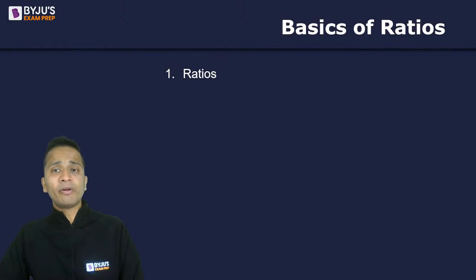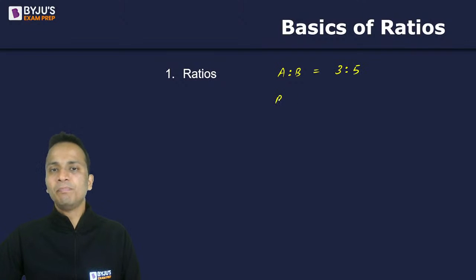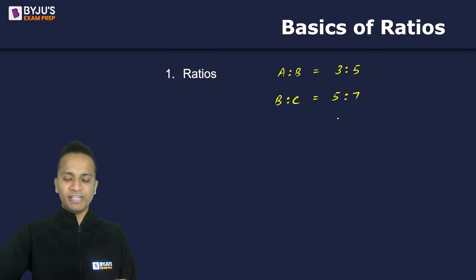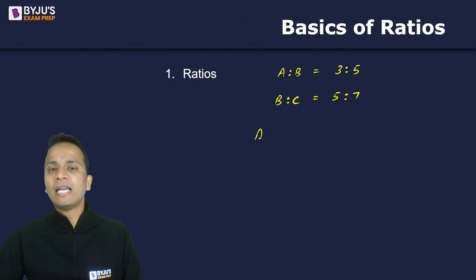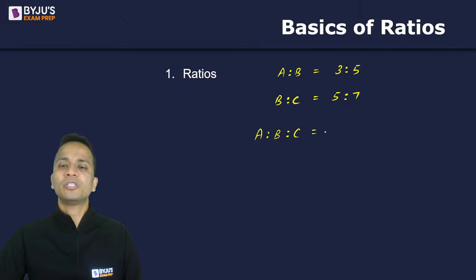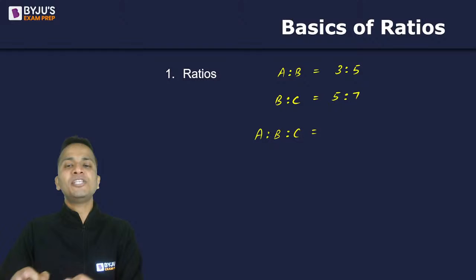Now, another thing about ratios is the compounded ratio. So, if you are given that A is to B is 3 is to 5 and B is to C is 5 is to 7. I am starting with a very simple example. So, if these two ratios are given, and I'll ask you to calculate the value of A is to B is to C, then what will be the value? Come on. What will be A is to B is to C?